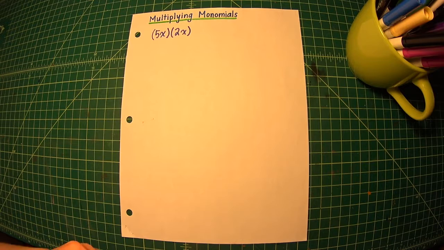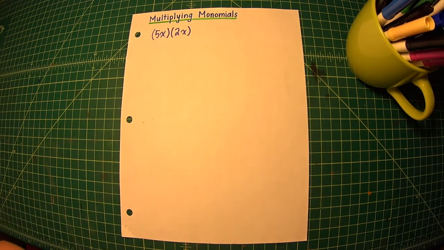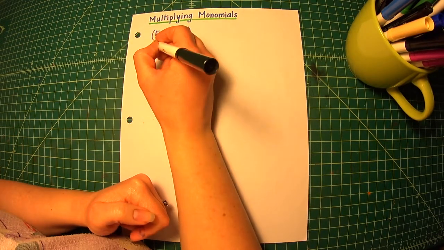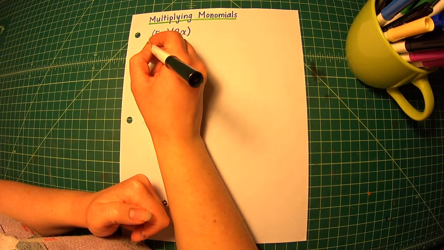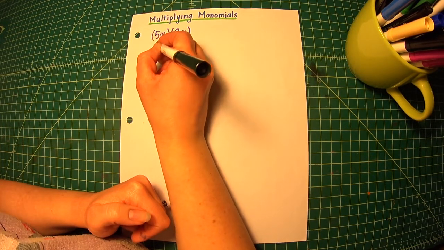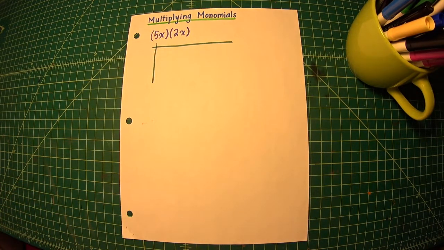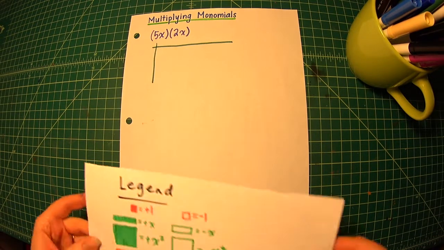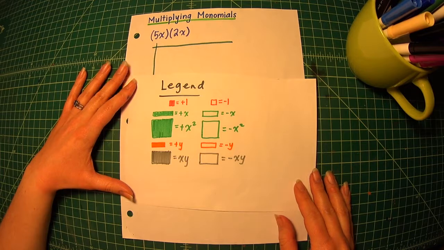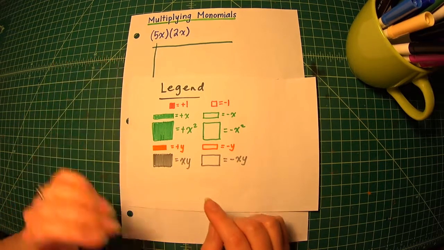The first method I'm going to show you is using models. The way you start is to just draw yourself a frame, and then we can begin modeling. The legend that we use is our algebra tiles.